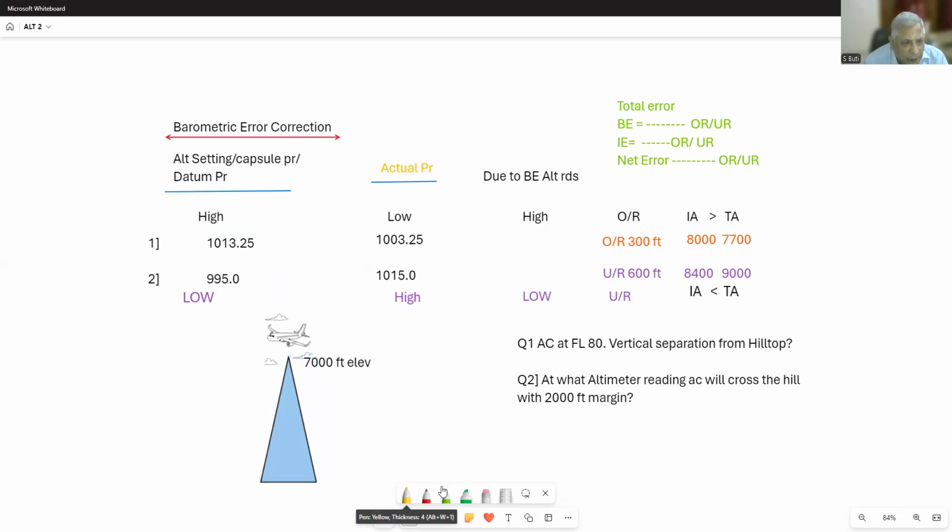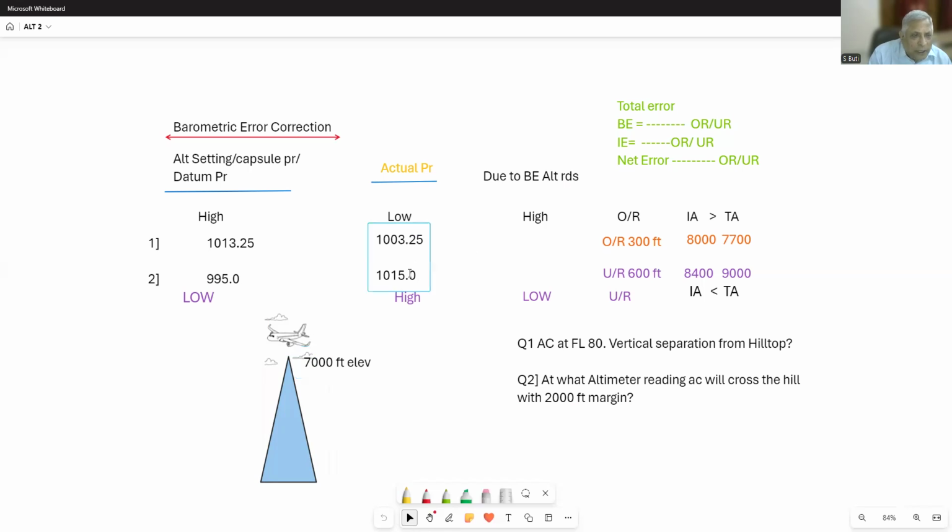If you are going from place A to place B, read the QNH at A and read the QNH at B. A plus B divided by 2 will be the QNH midway, if this hill is midway. So calculate the actual mean sea level pressure midway in this case. Right?